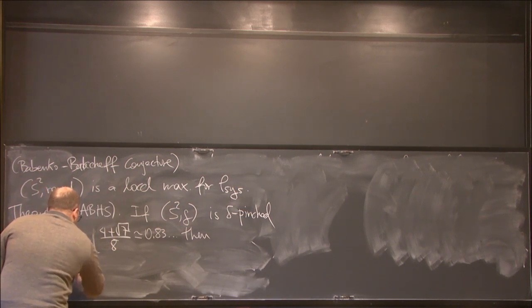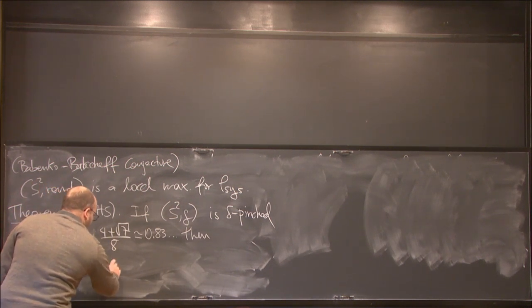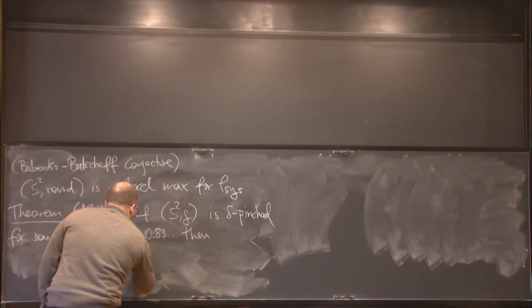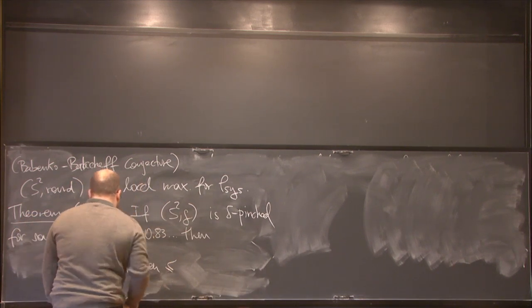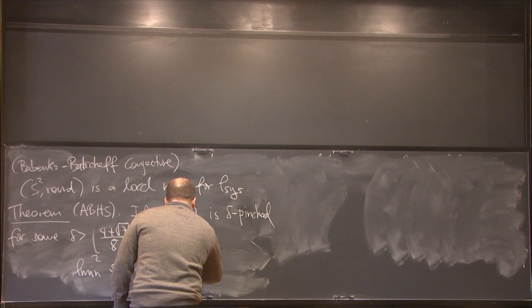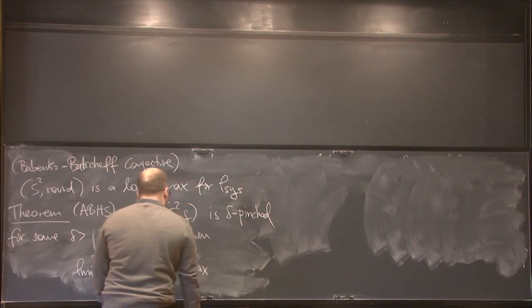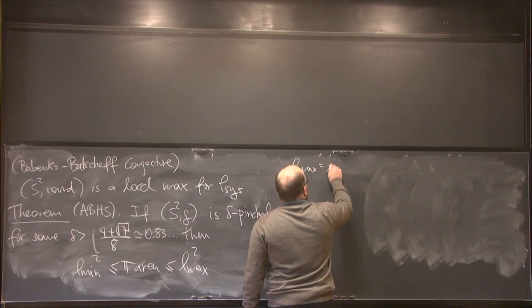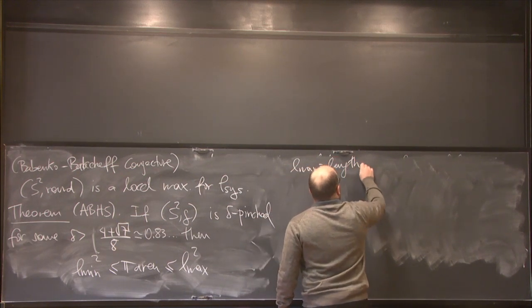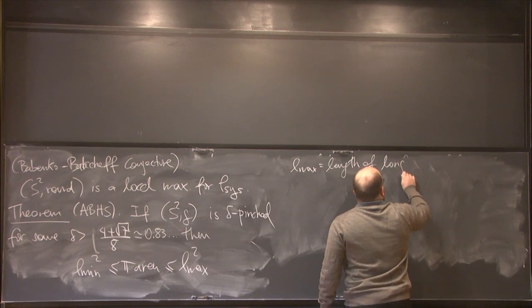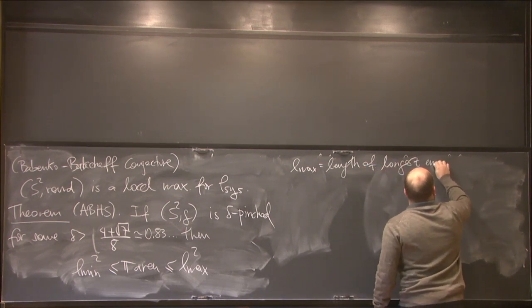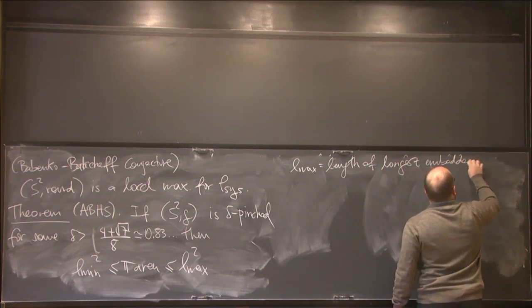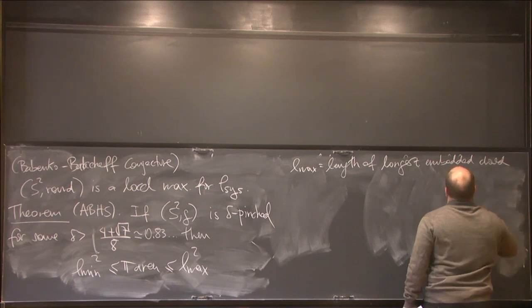One has L mean squared less or equal than pi times area, and this is less or equal than L max squared, where here L max is the length of the longest embedded closed geodesic.